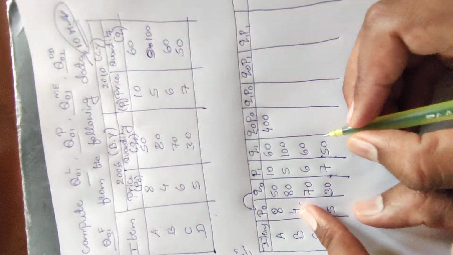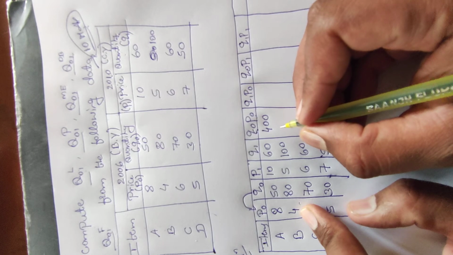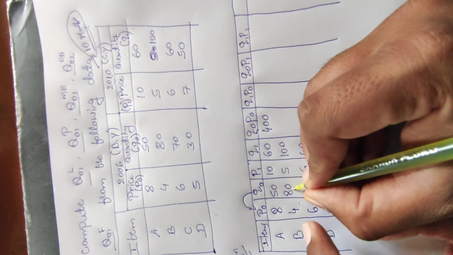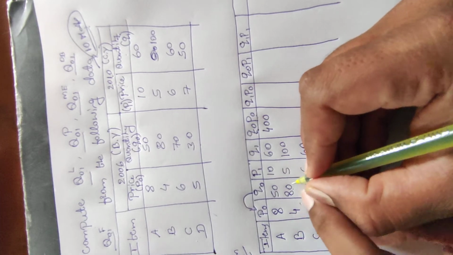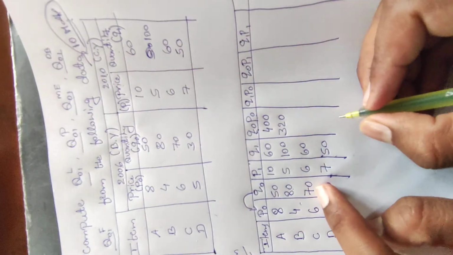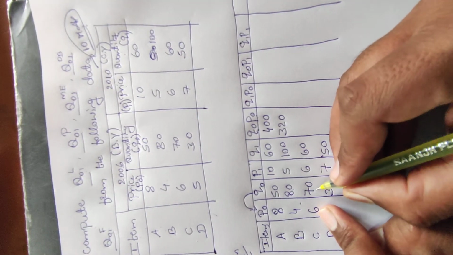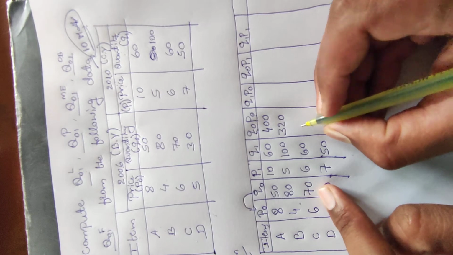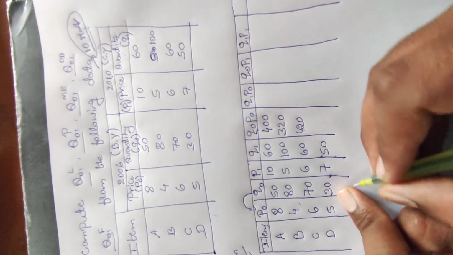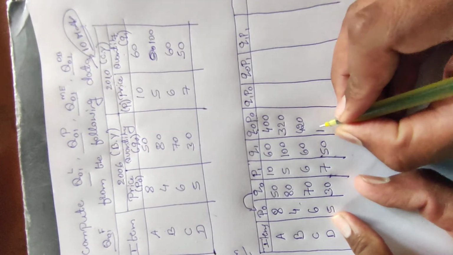Next, 80 into 4, we get 320. Next, 70 into 6, we get 420. Next, 30 into 5, we get 150.